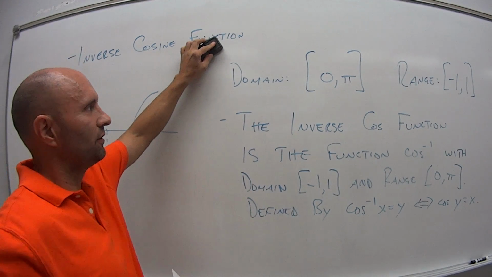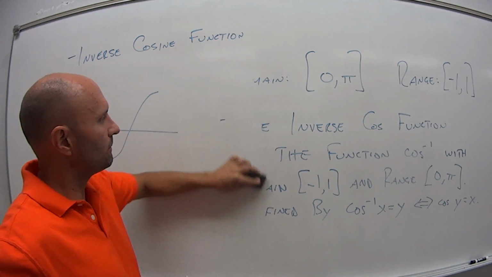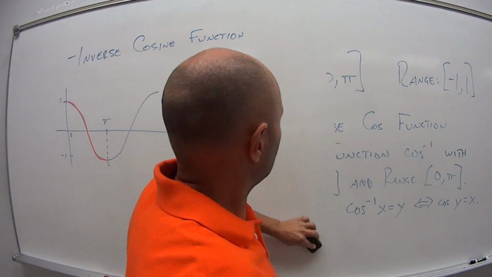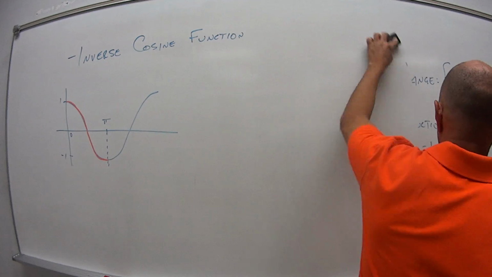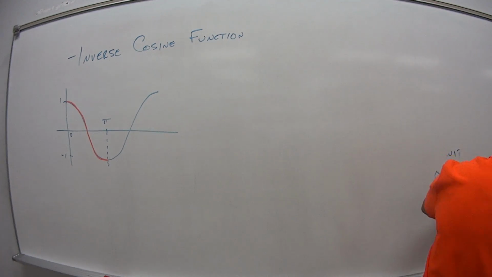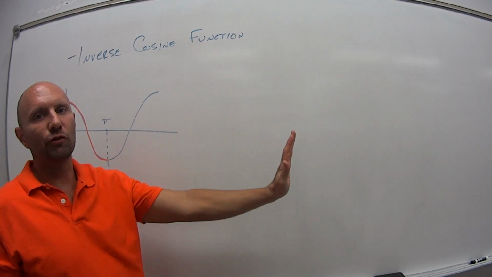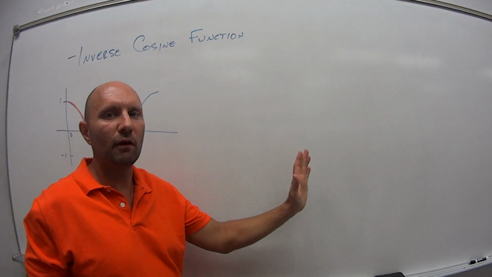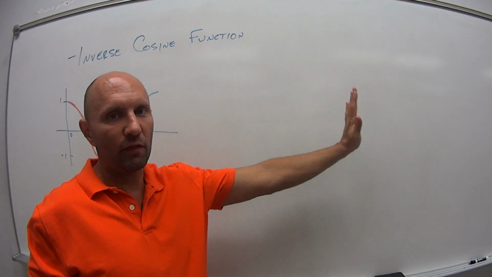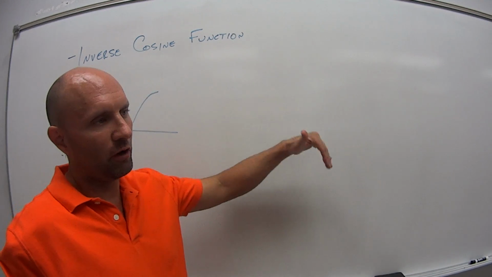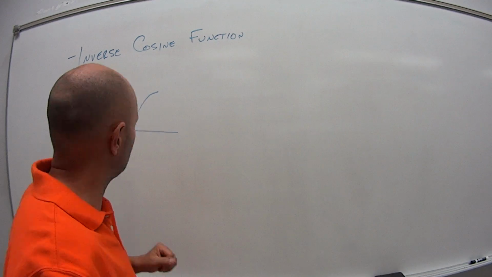I'm going to erase this. If you need to pause the video, feel free. I stressed to you guys when we were talking about our inverse sine function that it was the right half of the circle. Whatever value we ended up with as an answer had to fall on the right half of the circle, because we were talking about negative pi over 2 to pi over 2.